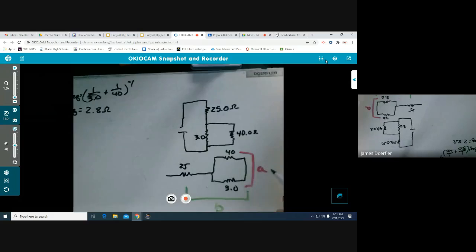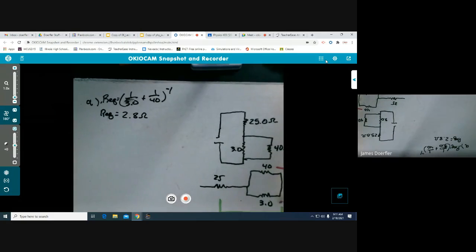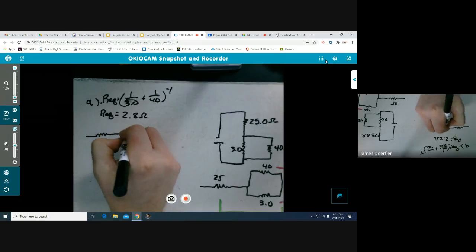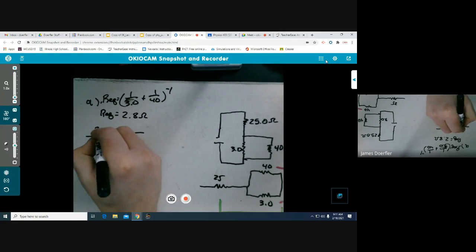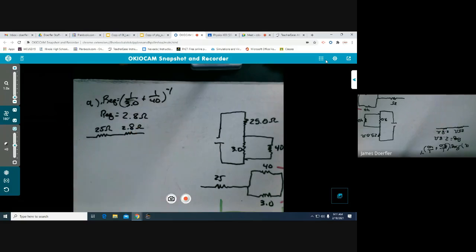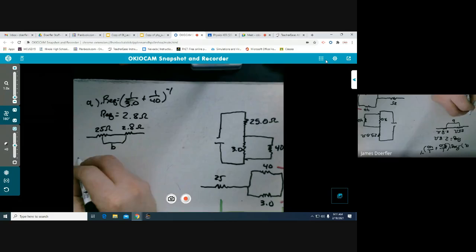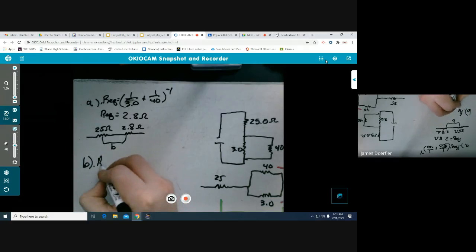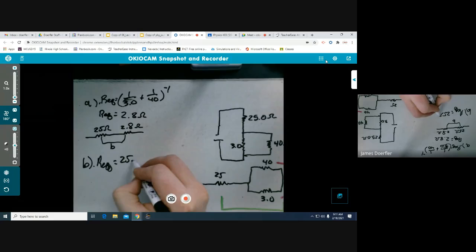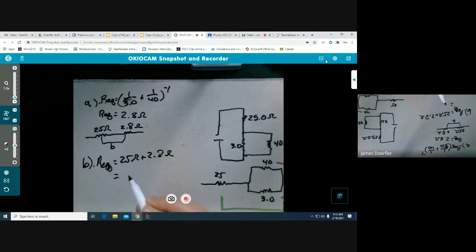And if I were to redraw this schematic diagram, now that I've simplified that, you'd have this, where we'd have 25 ohm here, 2.8 ohm here. And so this is my group B. So equivalent resistance is going to be 25 ohm plus 2.8 ohm.